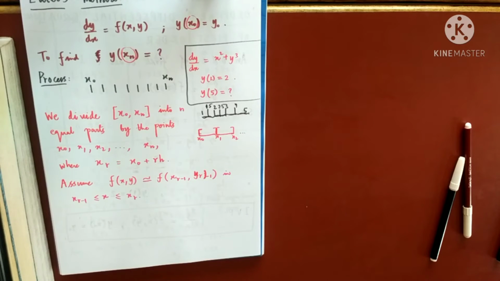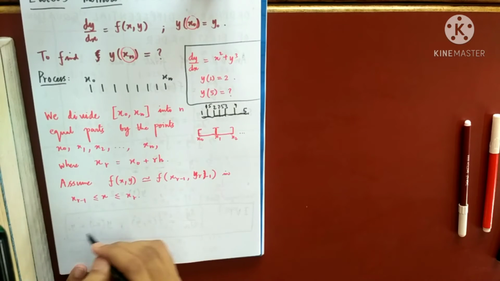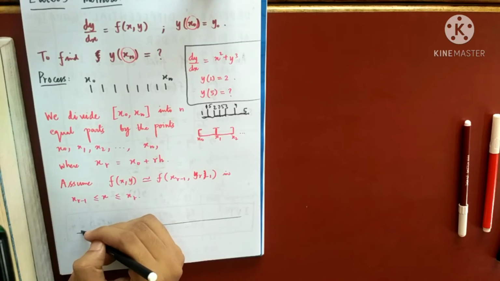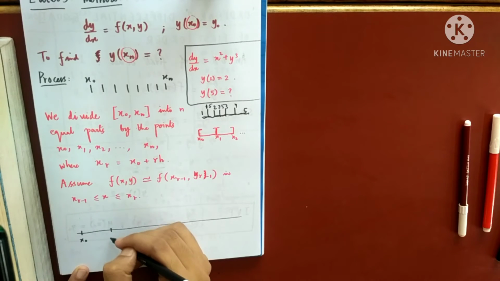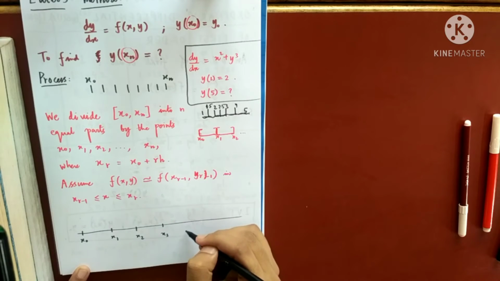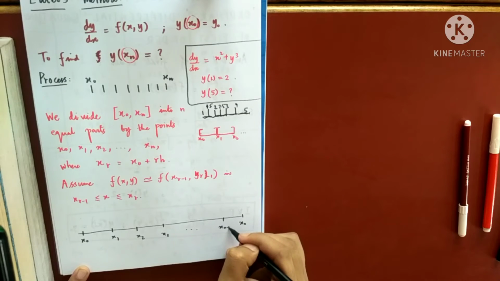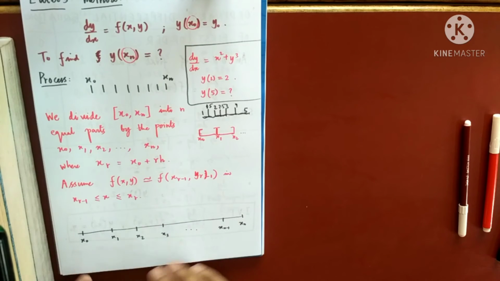Now you see what Euler is doing. This is x0, this is x1, this is x2, this is x3, dot dot dot, this is suppose xn minus 1, this is xn. The step length is h, everything is h.